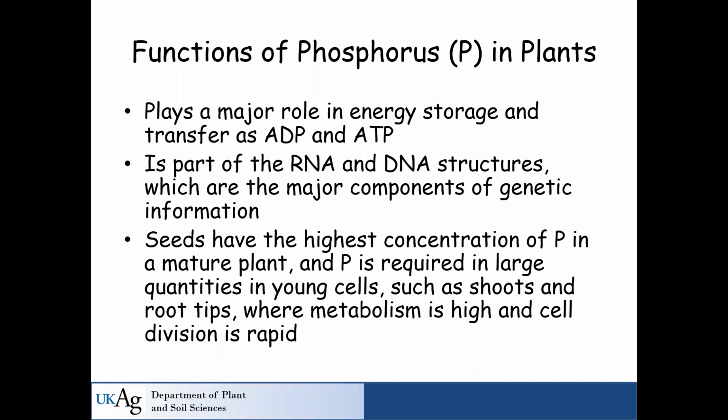It's extremely important to this passing on of generations because the highest concentration of phosphorus that we find is in the seeds of a mature plant, and it is required in a very large quantity when that seed germinates, because the young cells forming shoot and root tips have a high metabolism and cell division is quite rapid.